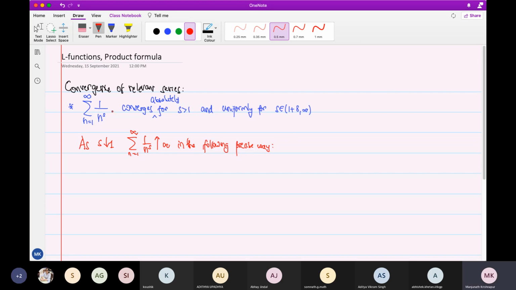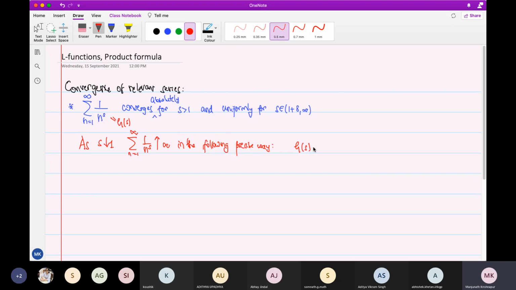This is what we call zeta of s, the Riemann zeta function. Zeta of s is actually like 1 over s minus 1. This wiggle means the ratio goes to 1, but we can be more precise.